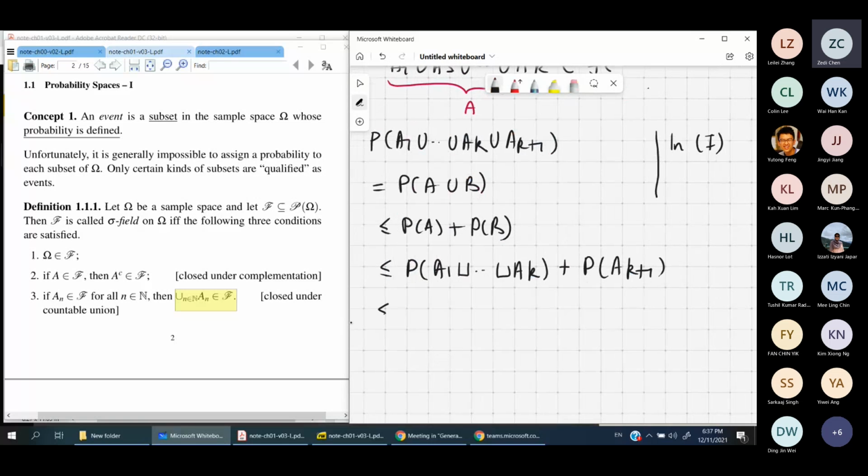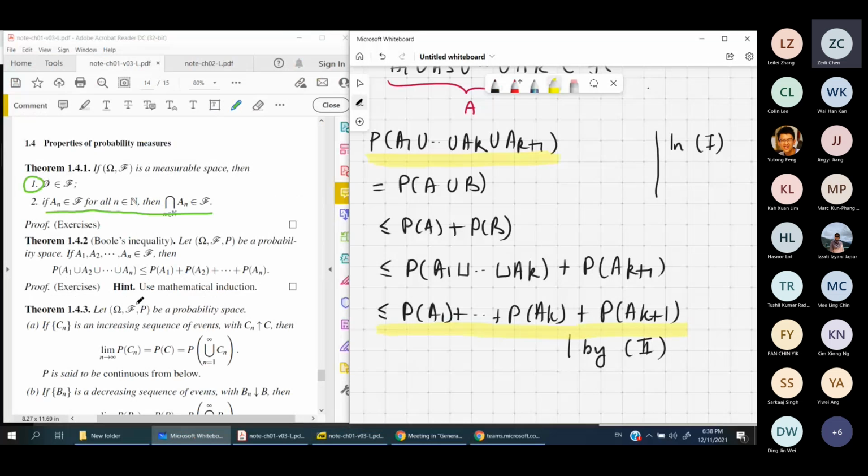Then this is less or equal to P, by part 2. Now this part, you can see this is less or equal to this, which just means that this formula is true for n equals k plus 1. Hence the formula 1 is valid for n equals k plus 1.